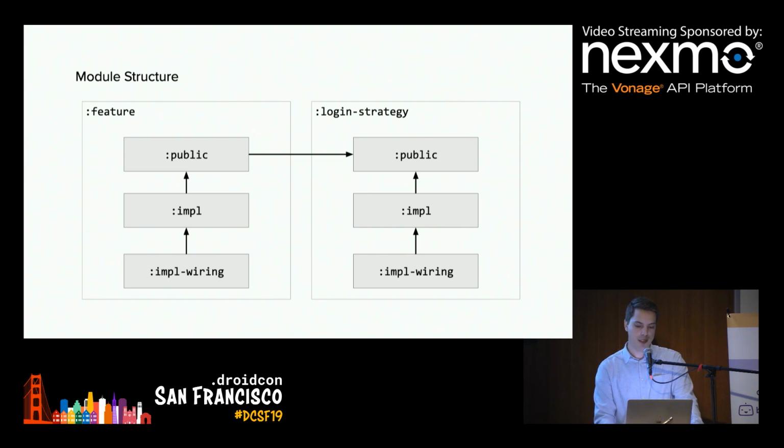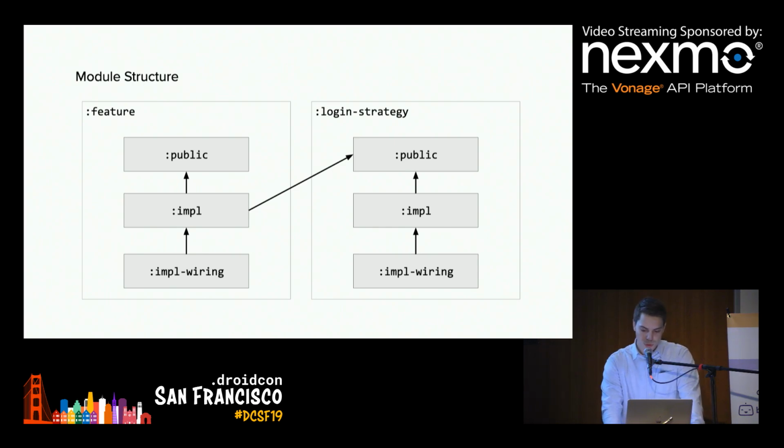One good example is analytics. Let's say I implement my login strategy. Do consumers need to know that I use analytics internally? Not really. That's an implementation detail. So we try to do this so that our implementation modules import other libraries and reuse code this way. And the advantage is that if somebody uses my public module, they don't see any of my transitive dependencies.